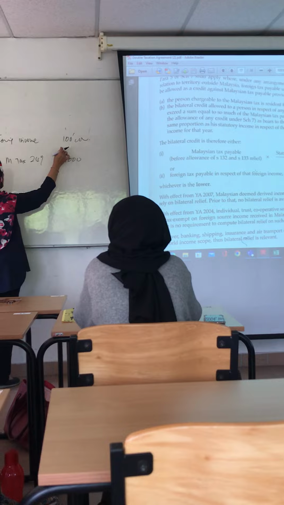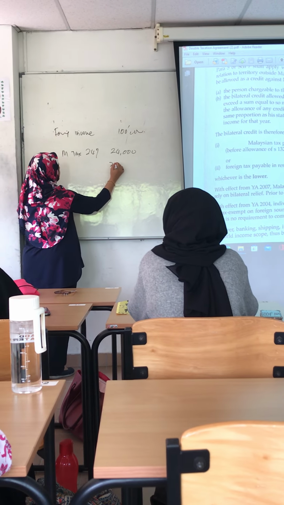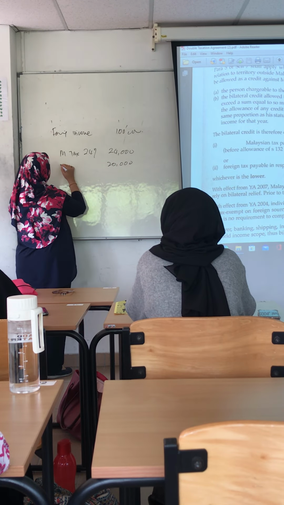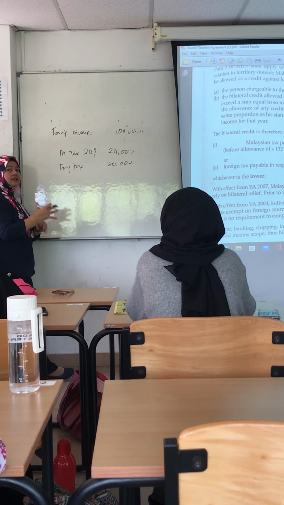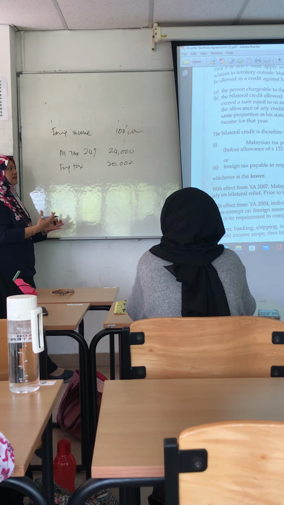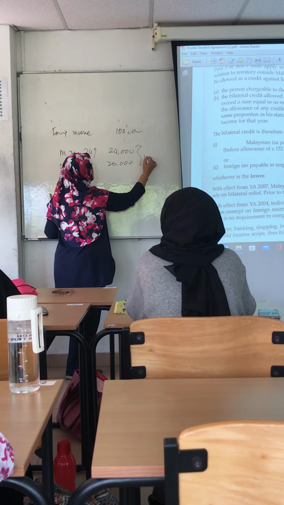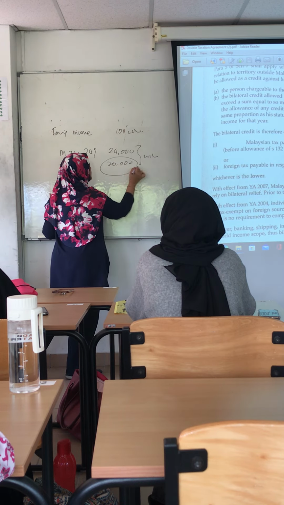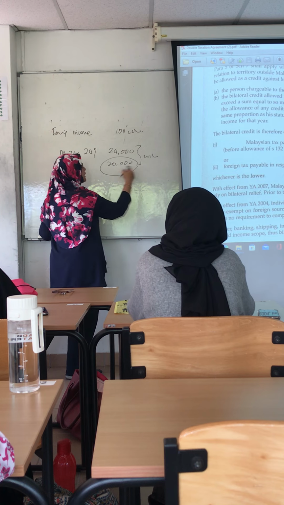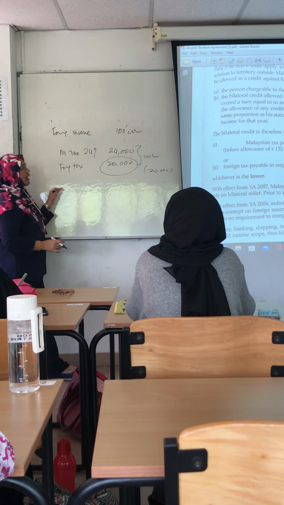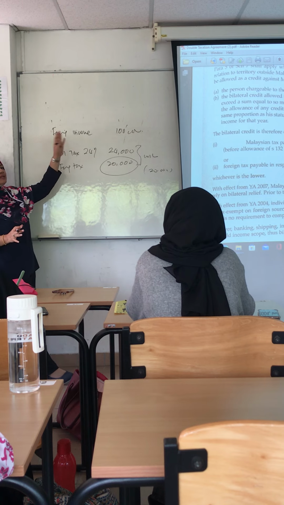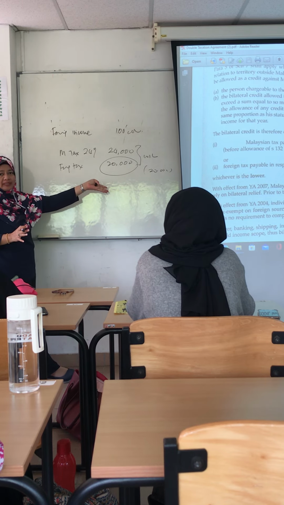On the same foreign income, you pay tax of 20,000, foreign tax on the same income. You're looking at that. So when you talk about bilateral, you're comparing and taking whichever is lower. So you're going to give deduction or credit on that 20,000. So whatever your tax liability, you're given a deduction of 20,000.